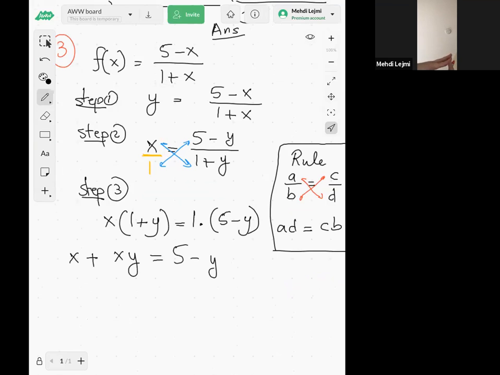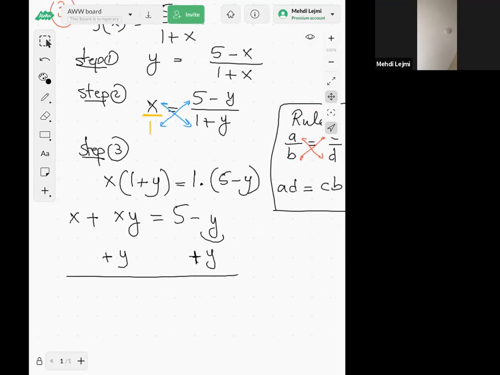The idea is the following: you have to move all the y's to the same side, because then you can factor out y, and once you factor out y, you can solve for y. So I'm going to move all the y's to the left side and everything else to the right side. Here, I have a minus y on the right side, so I'm going to add plus y to both sides.